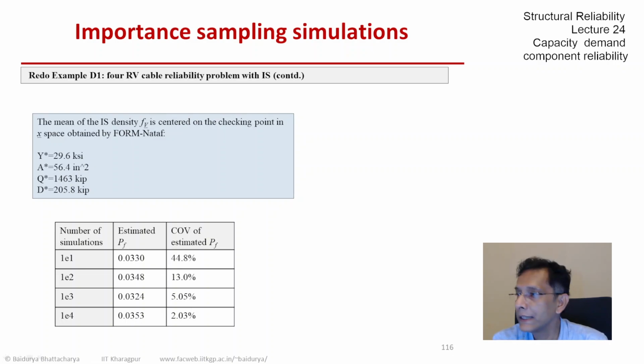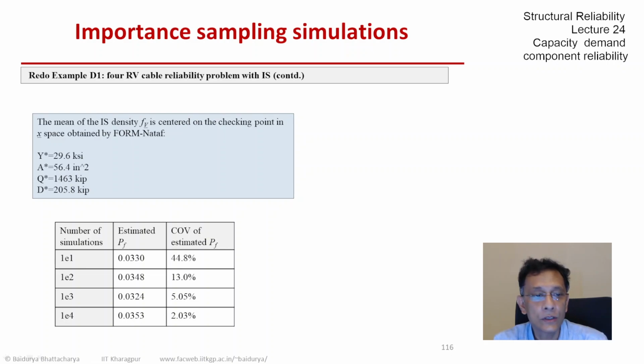And you see it's quite interesting and quite satisfying that even with 10 samples, just 10 samples, we are able to estimate the PF reasonably well. It's something like 3.3% if we remember.